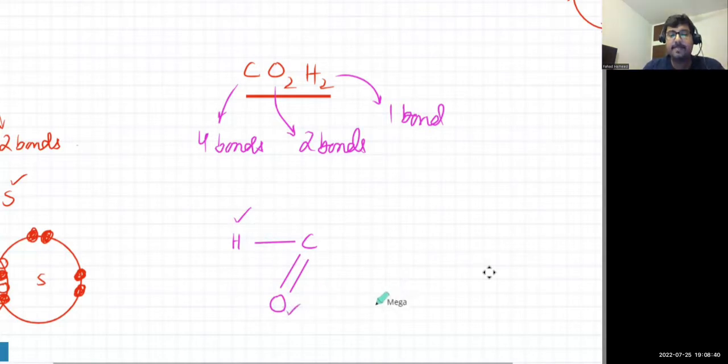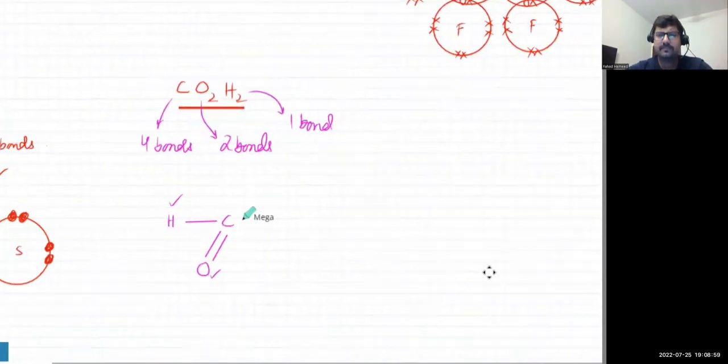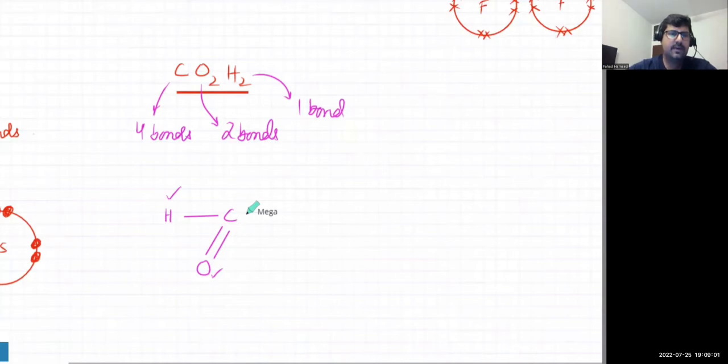That's fine. So how many more bonds does carbon need to make right now? Okay, then how many more bonds? Anyone? Shiva? Ayan, Urva?